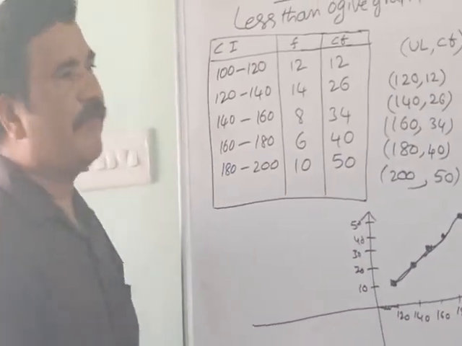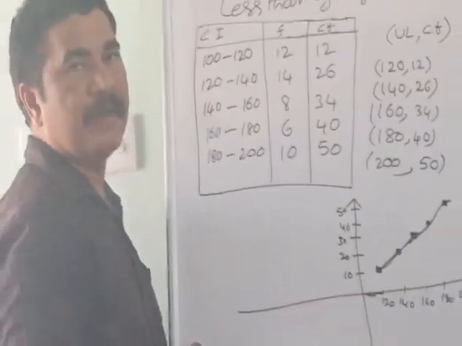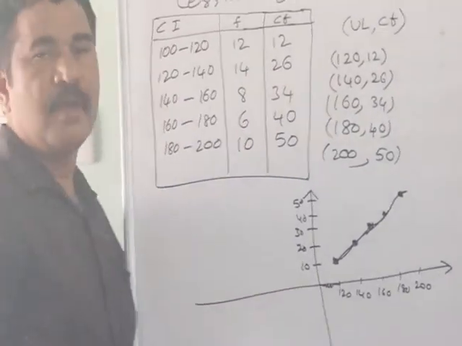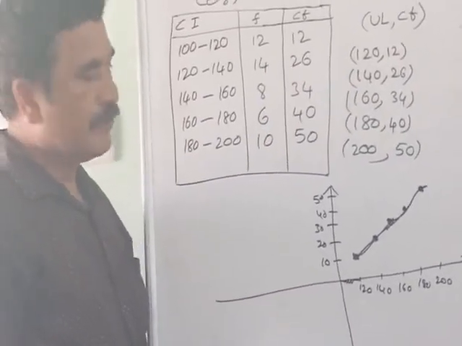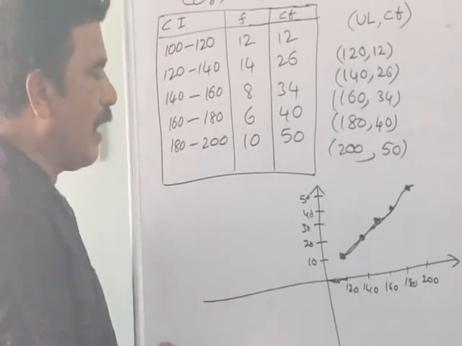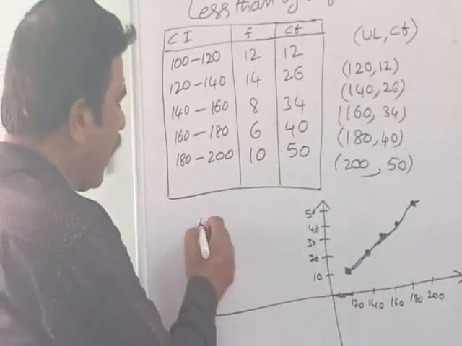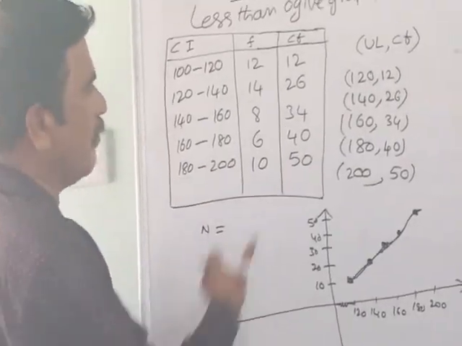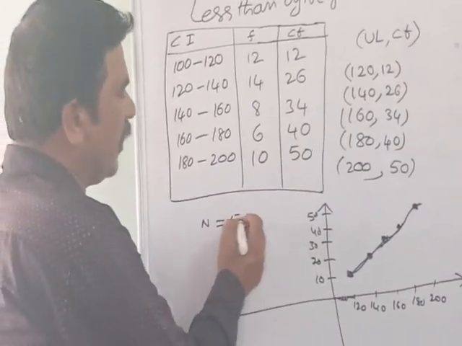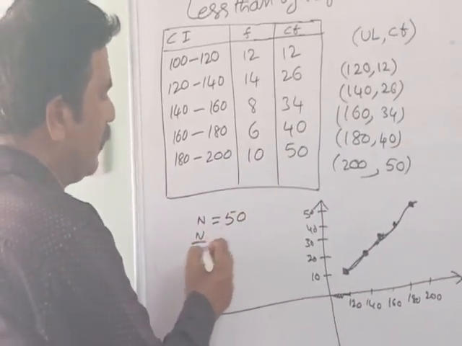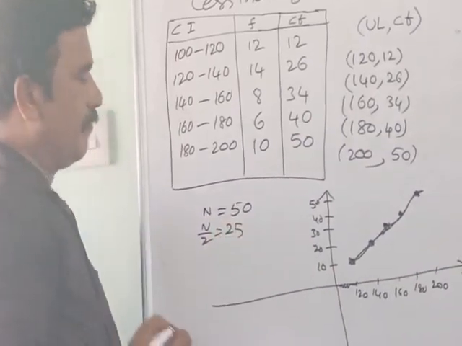From this graph, we can find the median. How to find the median from the graph: we have the value N, the total frequency, which is 50. N by 2 is 25.